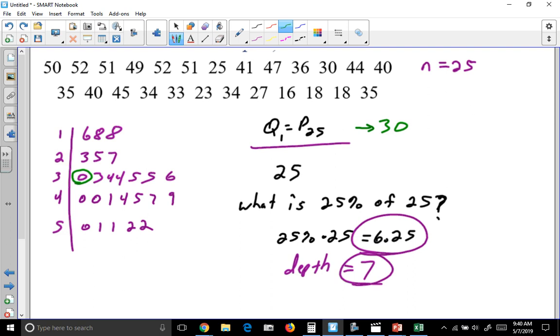Now keep in mind that with certain sample sizes, in this case 25% is not actually an integer value. So if you count how many numbers are below that and turn that into a percent, you're not going to get exactly 25%.